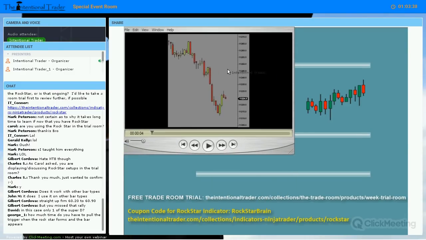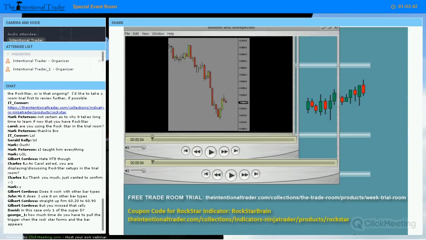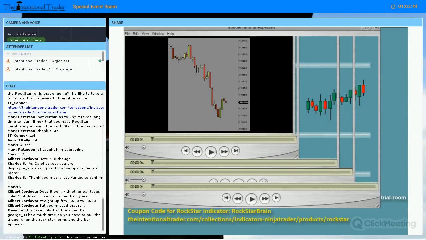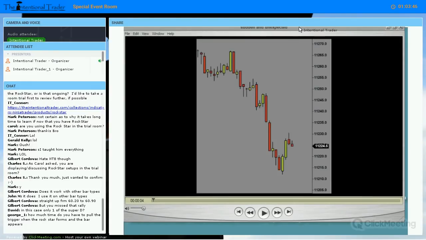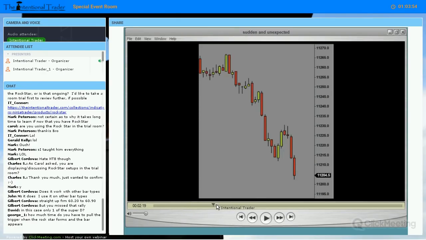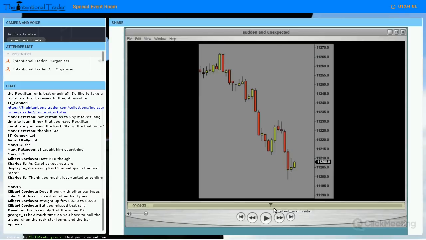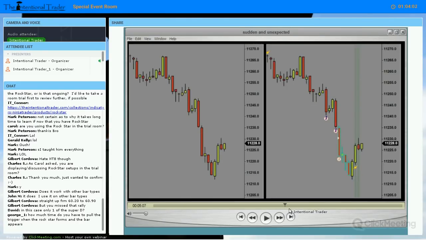This is another one. Sorry, members, this is for the visitors. If you just watch a blank chart and you can just see the chart kind of moving around, it's really hard to identify what's going on or opportunities.